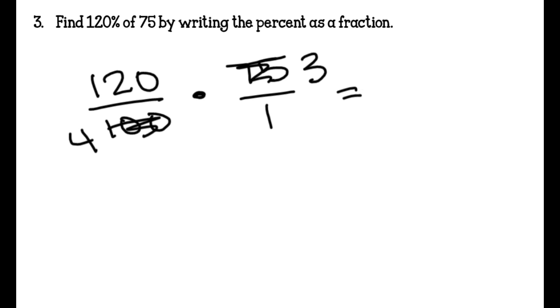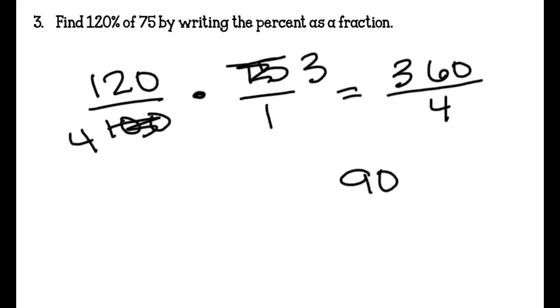So then I multiply straight across, and 120 times 3 is 360 over 4 times 1 is 4. 360 divided by 4 is 90. So I circle it, and that's my answer.